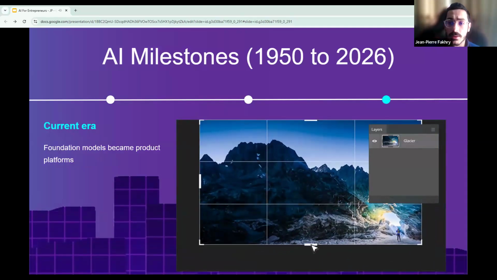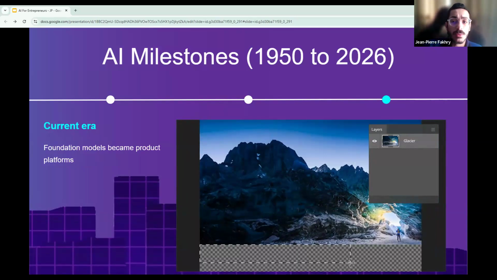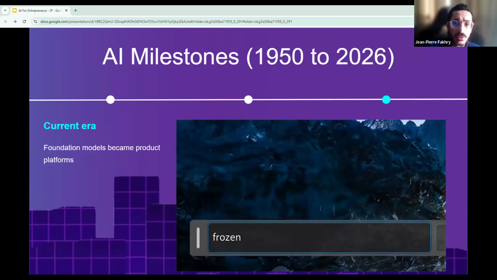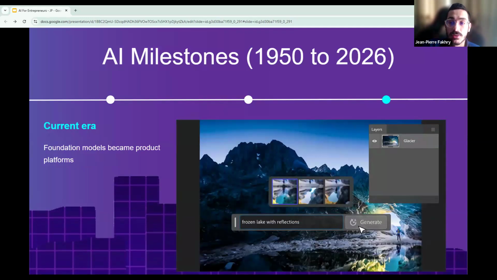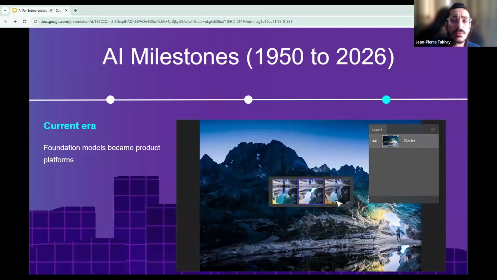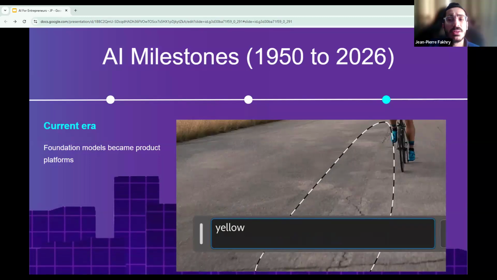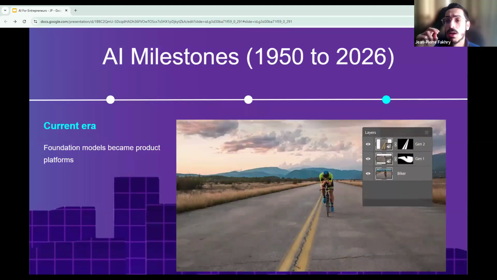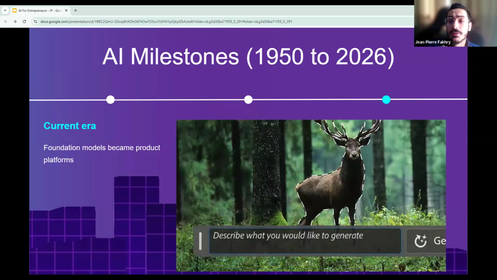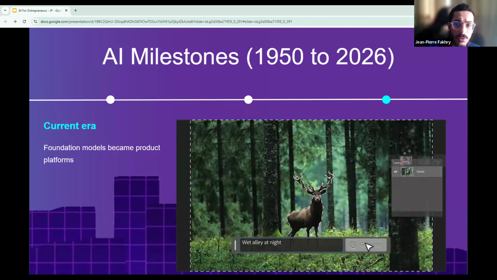Okay, now the current era. So starting from around 2020, a new pattern emerged, something that we call foundation models. So instead of training a model from scratch for each task, companies like, for example, OpenAI, Google, and Anthropic trained enormous general purpose models.